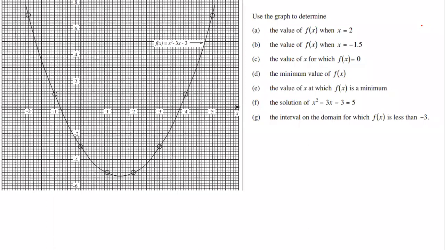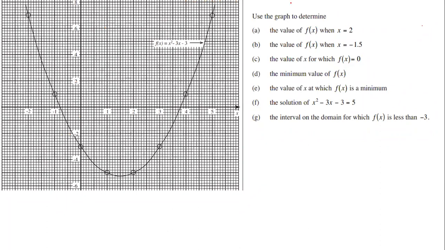So they give us a function. Now, when you're doing a quadratic graph and you put f(x), what does it mean? They say that using the graph, determine the value of y when x is equal to 2.